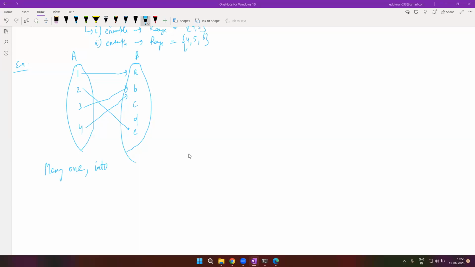So one is one input, one output, and many one is many inputs, one output. Similarly, onto functions are when range and codomain are equal. That is, all the possible outputs are actual outputs also. While into is all the possible outputs are not actual outputs. That is, your range has a smaller set of outputs than your codomain, right?